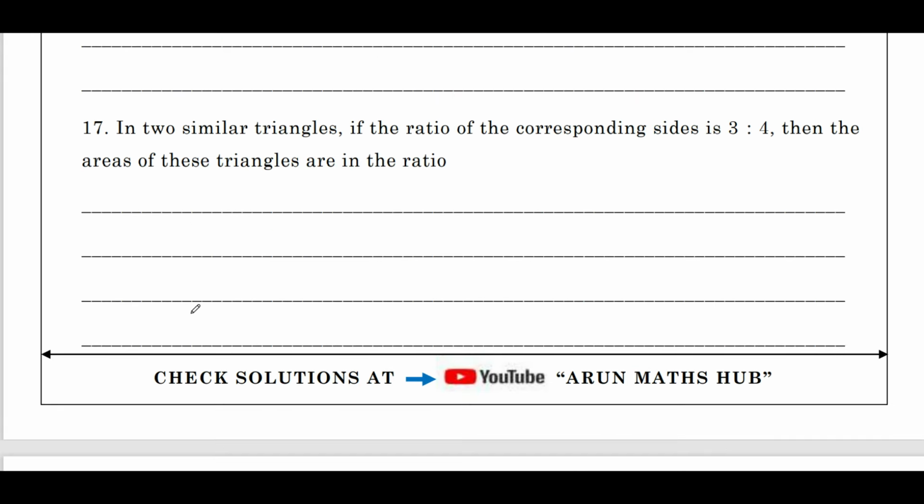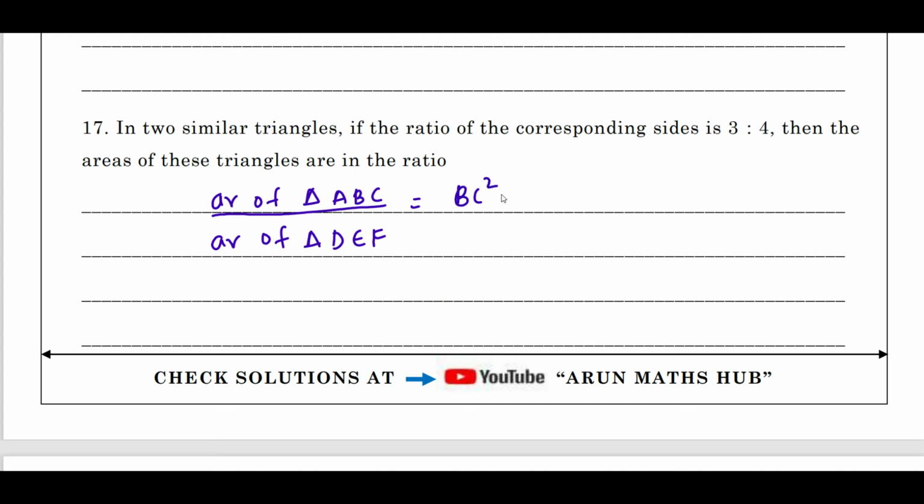Moving to question number 17. Very important question. If two similar triangles have the ratio of corresponding sides 3:4, then the areas of these triangles are in the ratio. Area of triangle ABC divided by area of triangle DEF equals the ratio of the squares of corresponding sides, BC square by EF square.